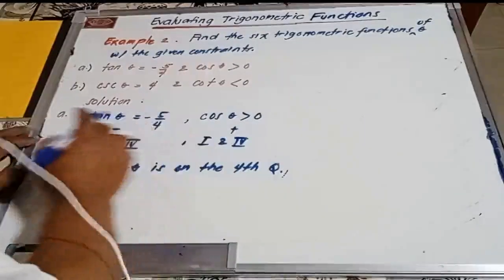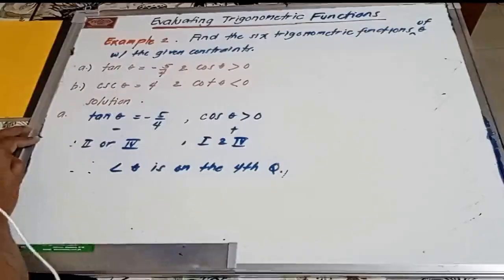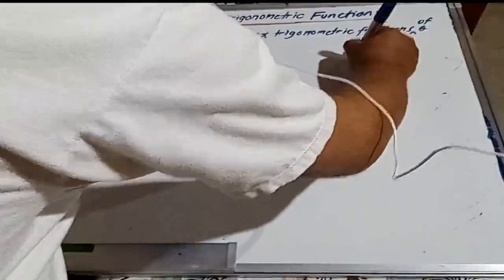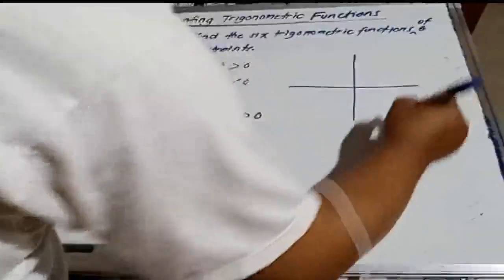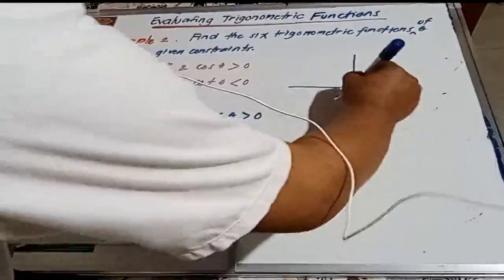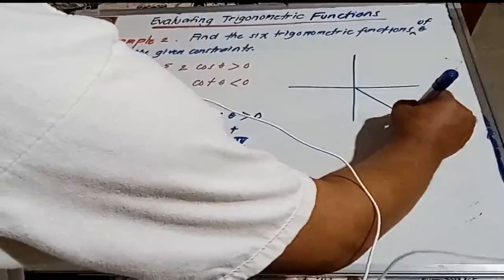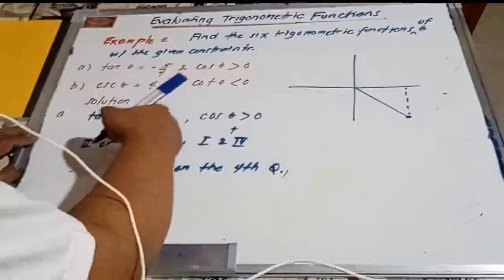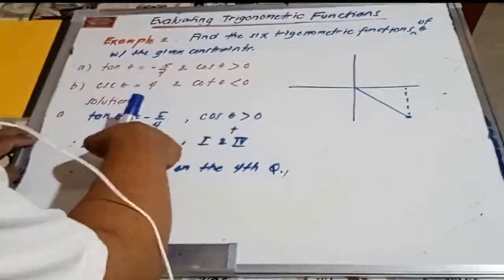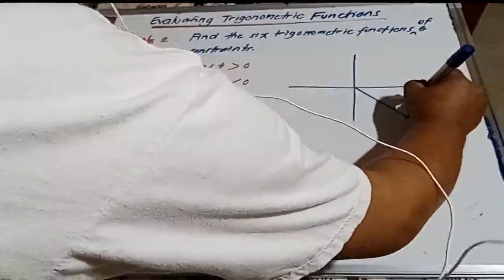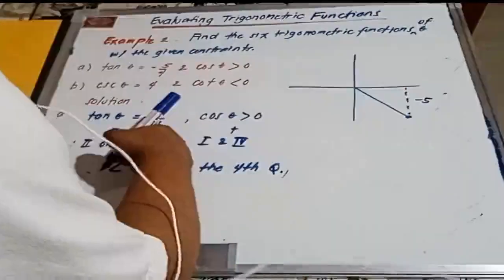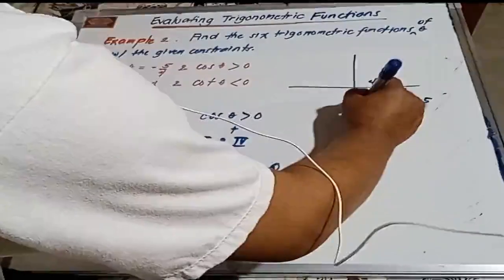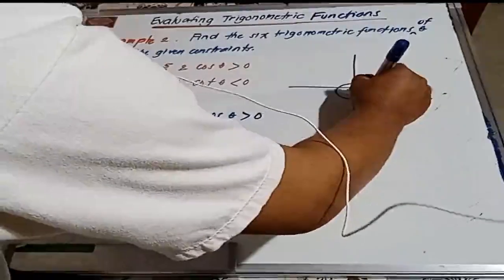Now, kunin na natin yung other 5 trigonometric functions. So, i-draw muna natin. Nasa fourth quadrant siya. So, negative 5 over 4. So, opposite side is negative 5, adjacent side ay 4. Itong ating R, ito yung ating angle, theta.